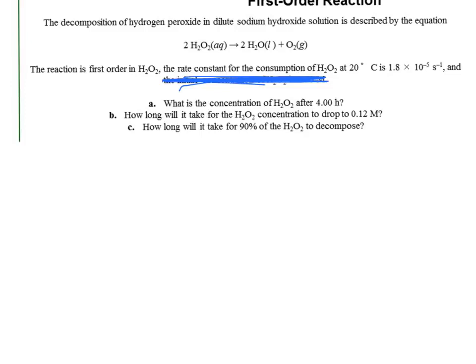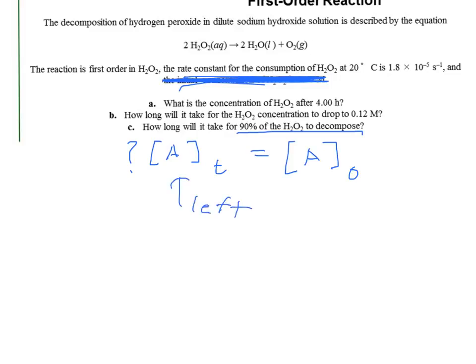So, what is the relationship, therefore, between A, the concentration at time t, and the concentration initially? They said that 90% will decompose. If 90% of the hydrogen peroxide is decomposing, remember, A sub t is the amount left. So if 90% is decomposed, 10% is left.